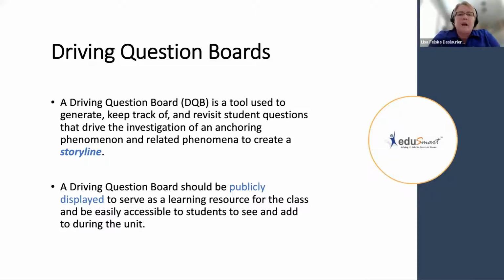The big idea is that it should be publicly displayed. This can be in your classroom on a bulletin board or on big chart paper. In this case, since we are working remotely, we're going to do an online digital driving question board. You're going to behave like students would, and generate questions based on media and pictures that I'm going to share with you.